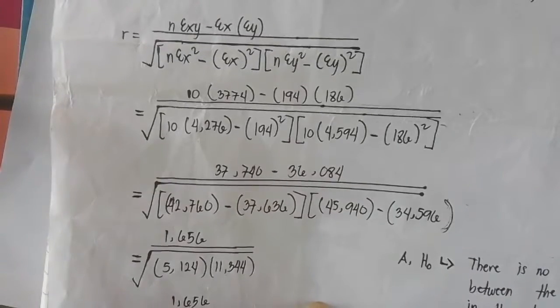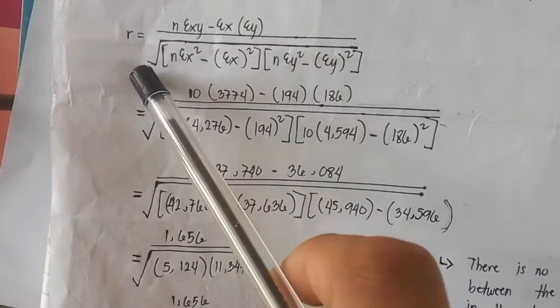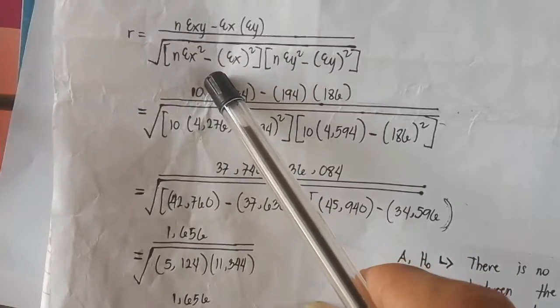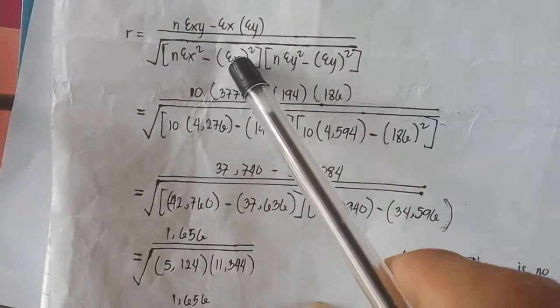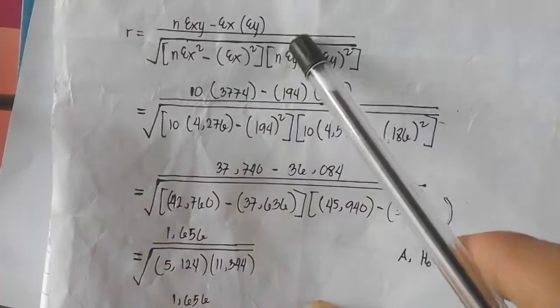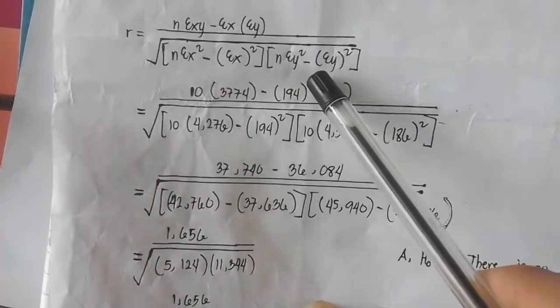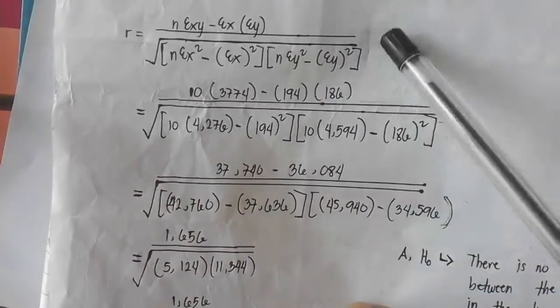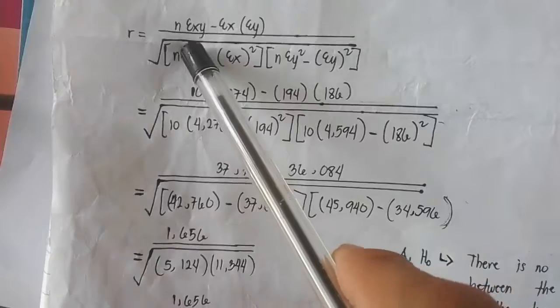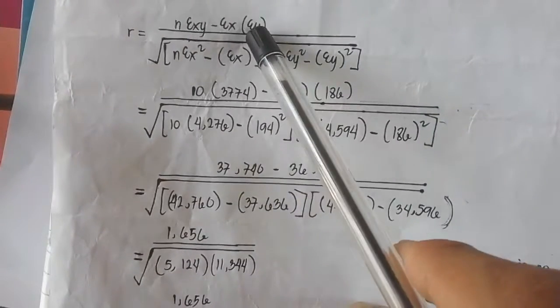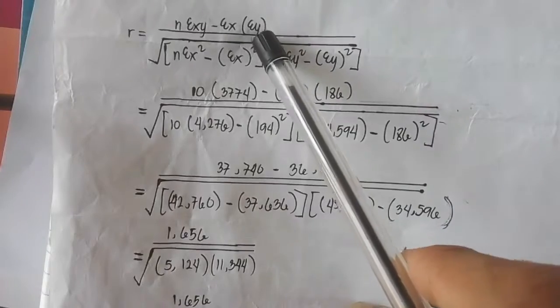Next, compute for the computed value of R with the formula R equals n summation xy minus summation x times summation y, divided by the square root of n summation x squared minus summation x squared times n summation y squared minus summation y squared.